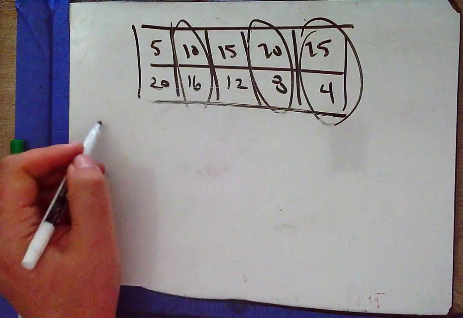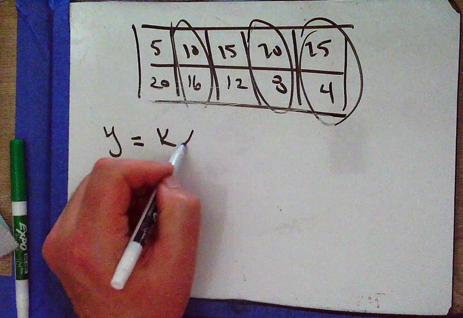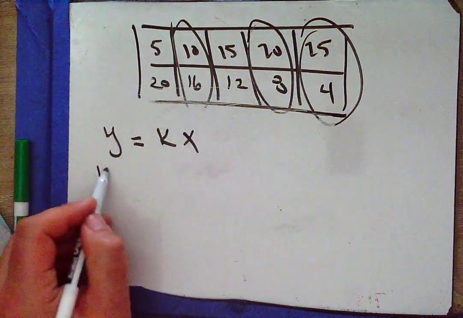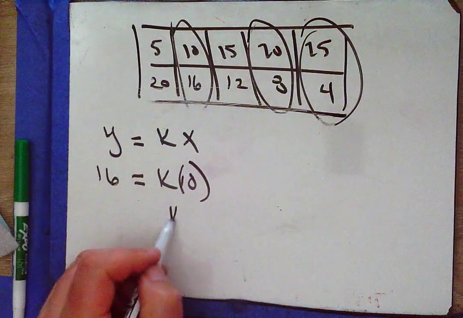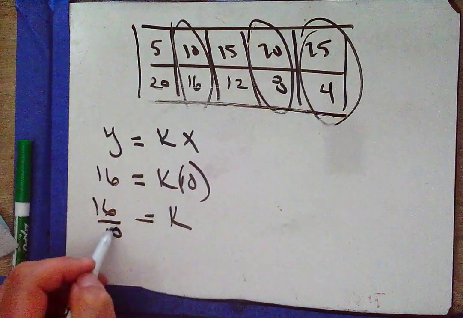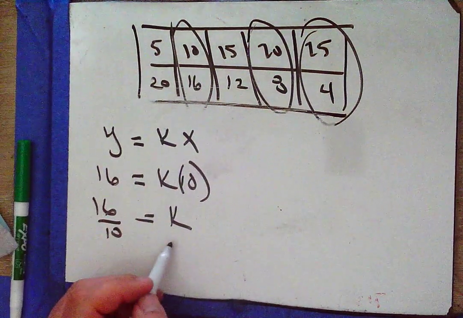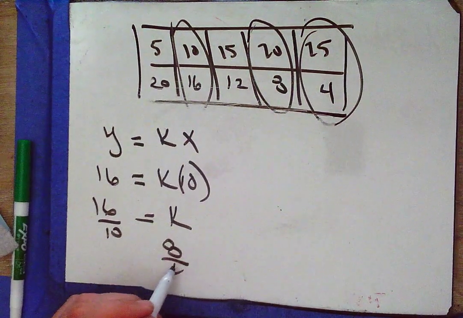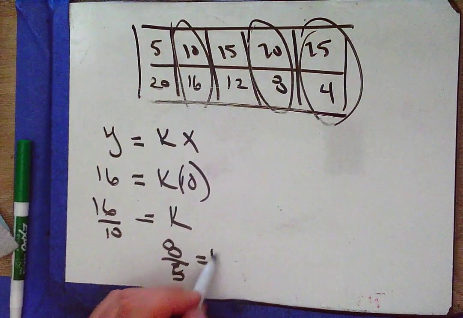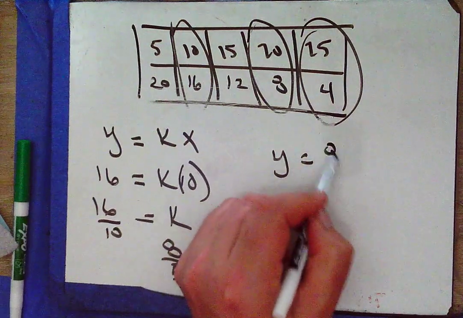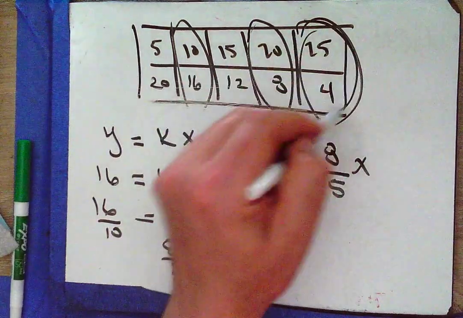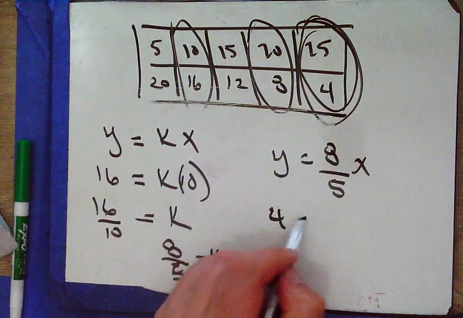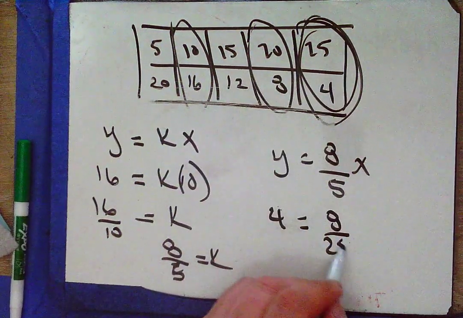Well, is it direct variation? y equals kx. So I'll plug in my 16 and my 10, and I'll get k equals 16/10, which reduces to 8/5. So y equals 8/5 x. So let's plug in that ordered pair. 4 equals 8/5 times 25.